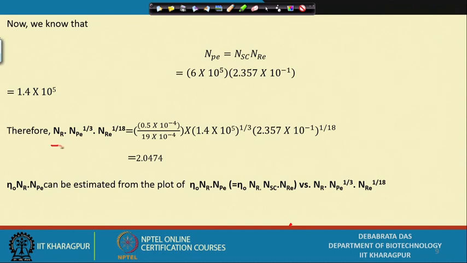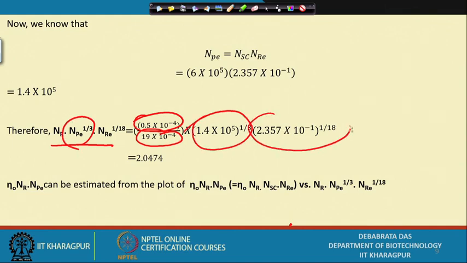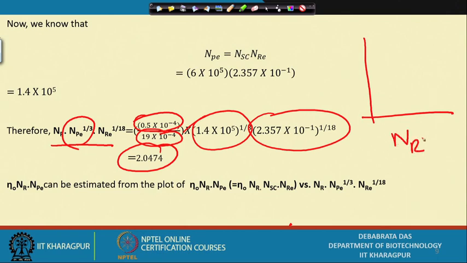Now here we have N_R. N_R is what? A geometrical ratio. It is the diameter of the particle by diameter of the fiber. The Peclet number we have already determined, and this is the Reynolds number we determined. So this is coming about 2.3, and from the figure you have this N_R into N_Pe to the power 1 by 3 into Re to the power 1 by 18.